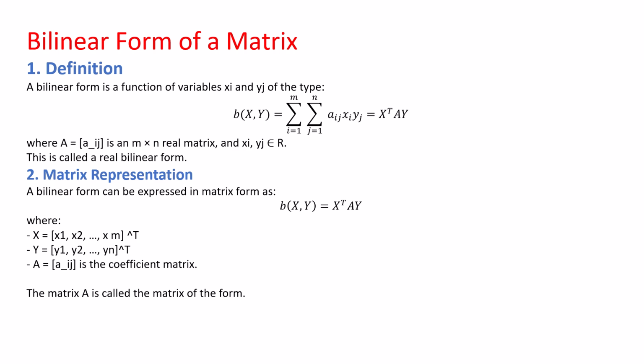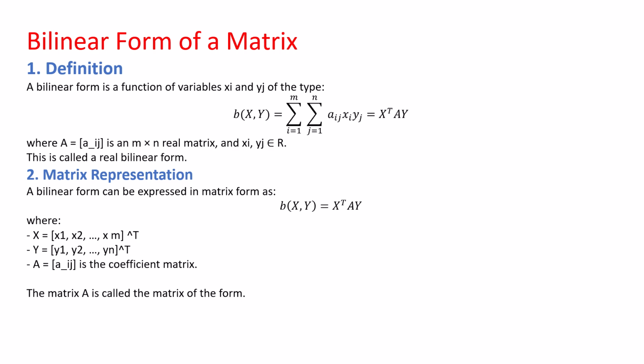By the time you transpose it, you have x1, x2, x3 and so on to xn, and for y we have y1, y2 up to yn, and A, as I've said, is the coefficient matrix.